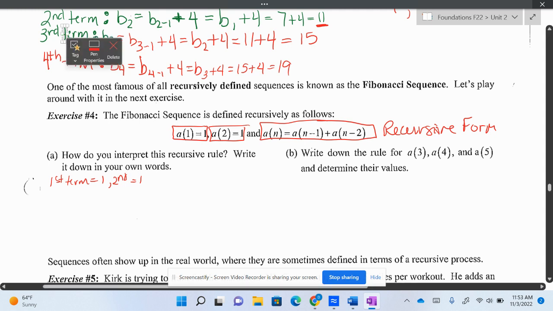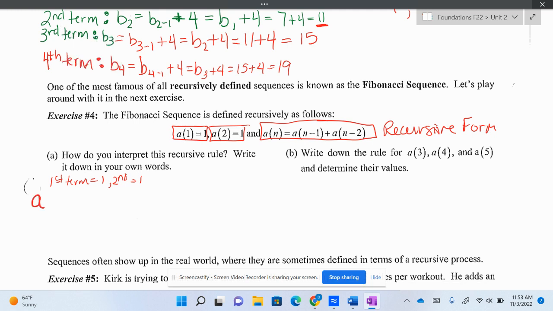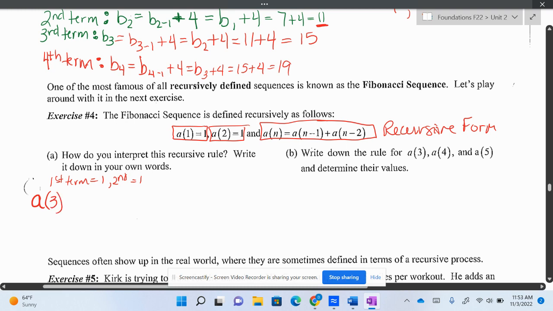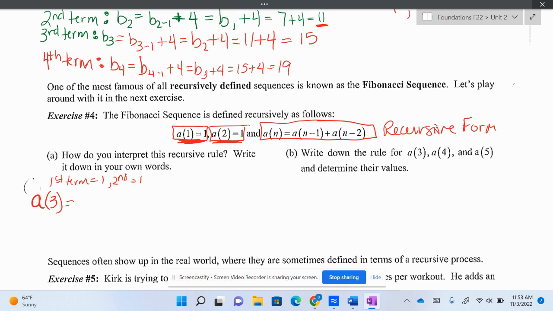Okay, so now we're at a3. So the third term, because we know what a1 is and we know what a2 is. So we're going to take a to the 3. That means n is going to be 3, and we're plugging it into that formula. So this formula says a to the 3 is a to the first term. What do we do with it?